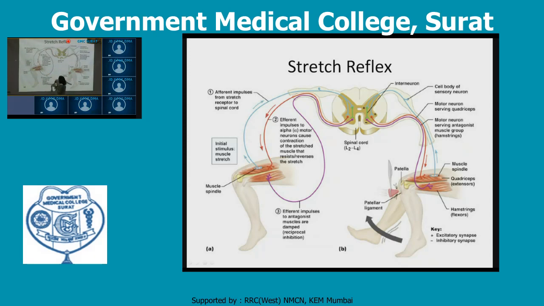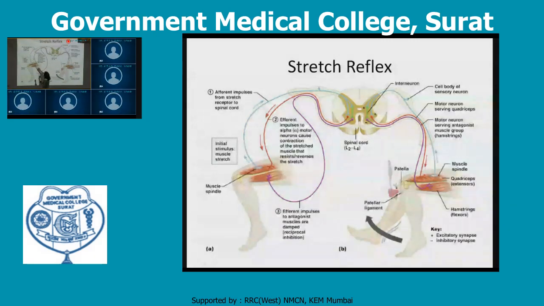The agonistic muscle is stimulated, whereas the antagonistic muscle is inhibited. For example, this is the quadriceps muscle and this is the hamstring muscle. Whenever the quadriceps contracts, the hamstring relaxes, and vice versa. If the flexor is contracting, the extensor will relax.